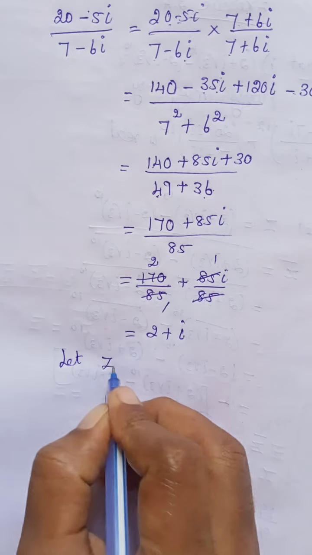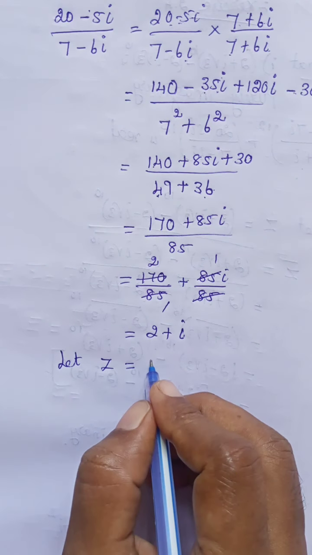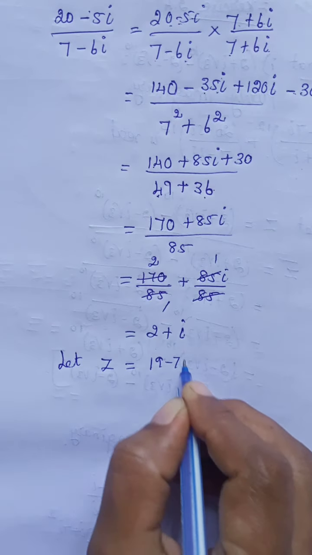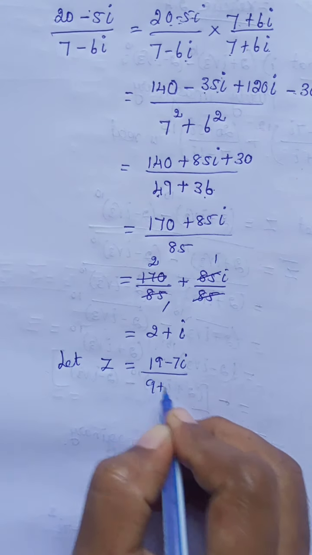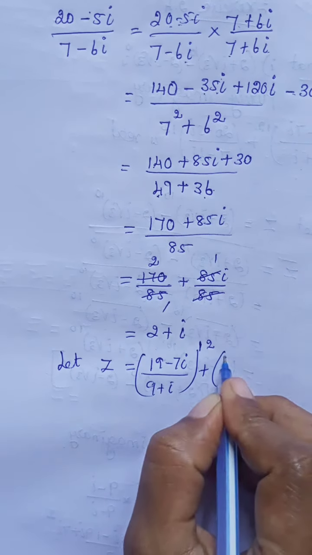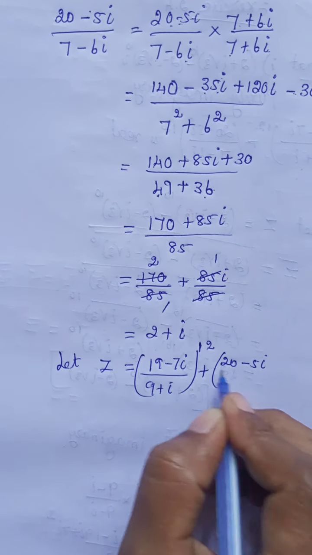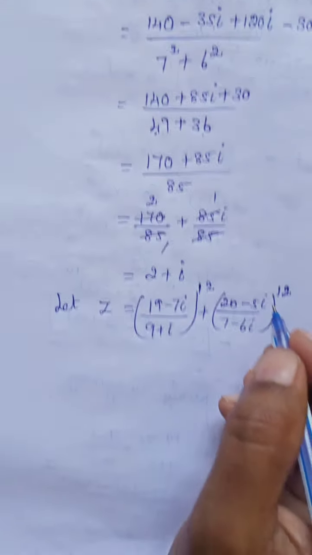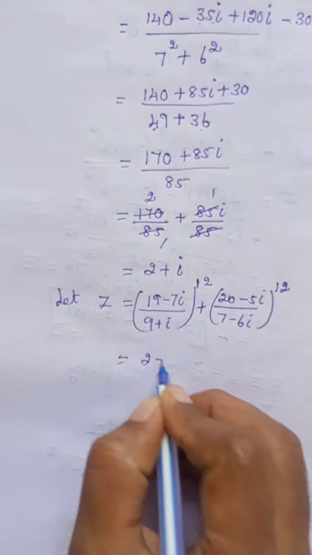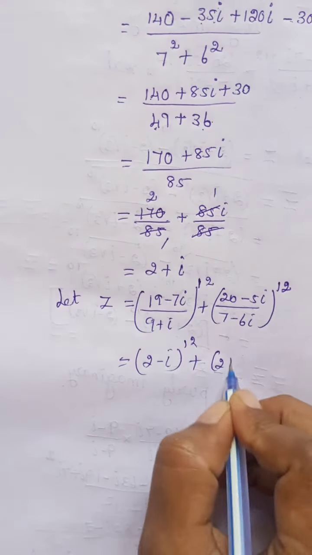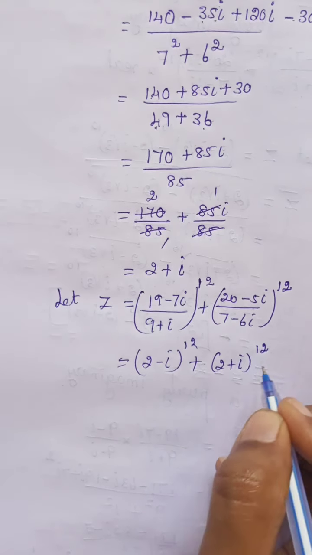So here I am taking, let Z be equal to 19 minus 7i by 9 plus i the whole power 12, plus 20 minus 5i by 7 minus 6i the whole power 12. So we have 2 minus i the whole power 12, plus 2 plus i the whole power 12.